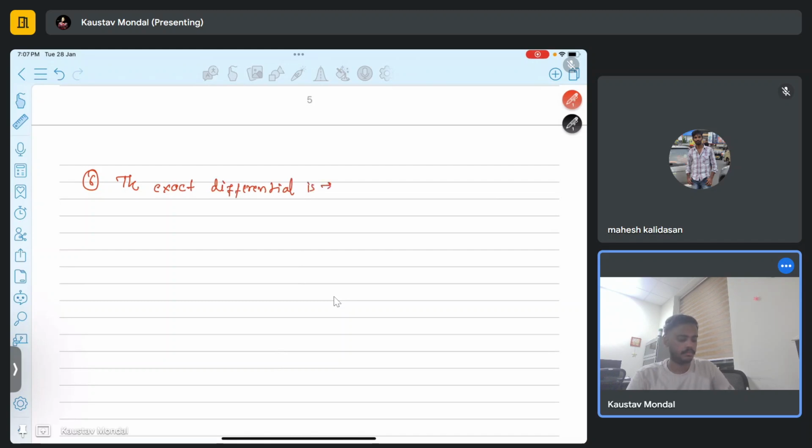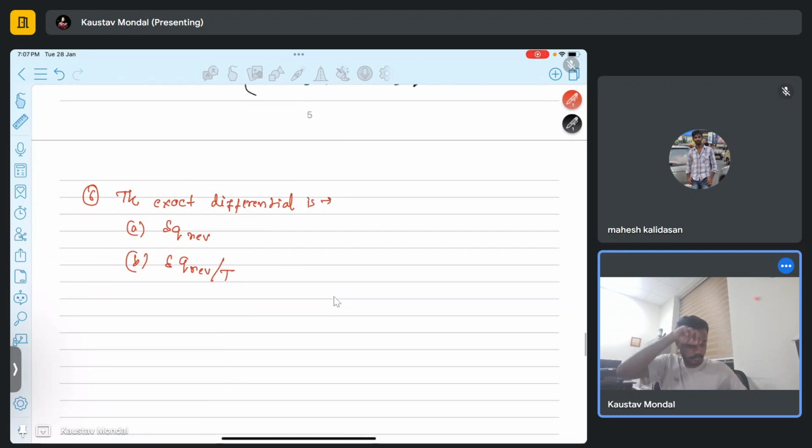There are four options given. A is del Q reversible, B is del Q reversible by T, C is del Q irreversible, and D is del Q irreversible by T.